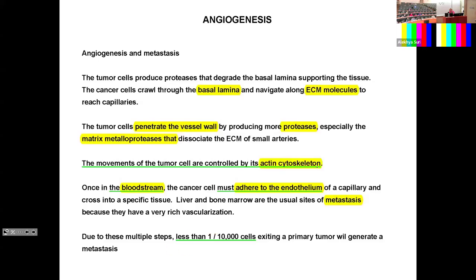Sometimes those metastases can stay dormant in the target organ, or they can grow. That is why patients mostly have a problem when they have metastasis, because the primary tumor they can resect and remove, but sometimes the metastases are difficult to localize until they start growing.